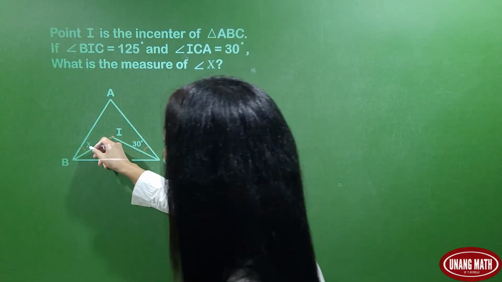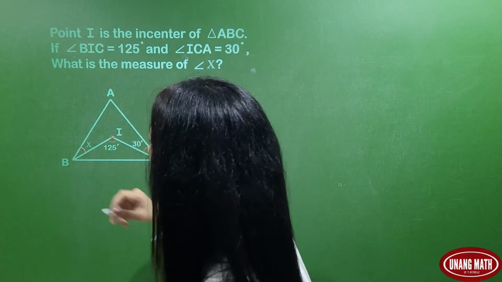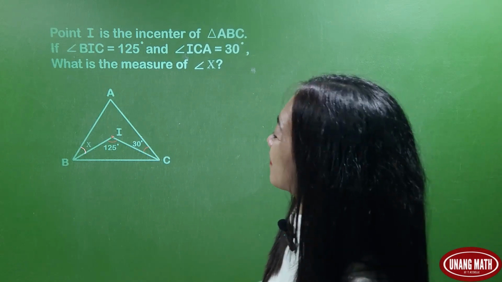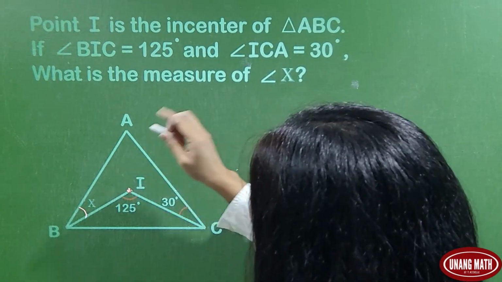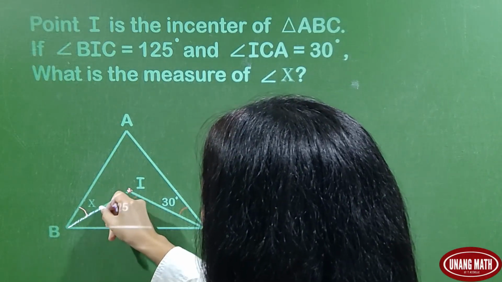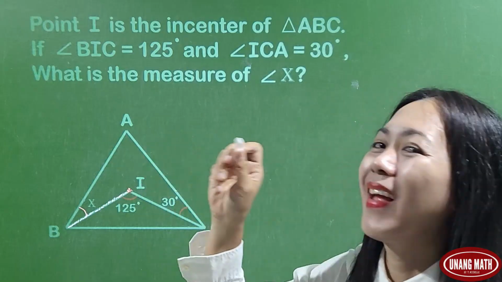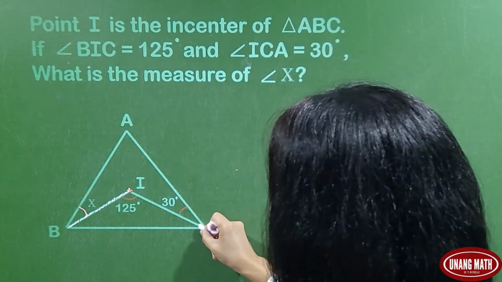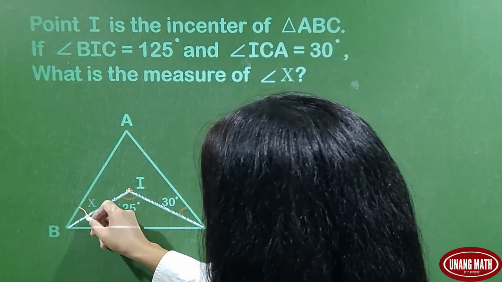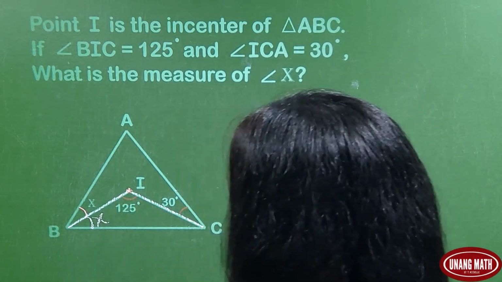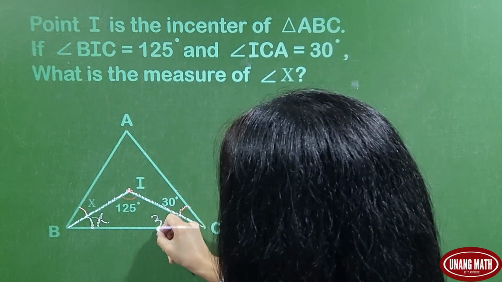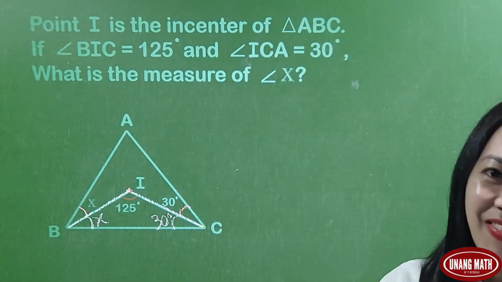We're looking for the measure of angle X, or this angle. Point I is our incenter. So that means from here to this point is an angle bisector. Here to this point, angle bisector. If this is angle X, then this is also angle X. If this is 30 degrees, then this is also 30 degrees.